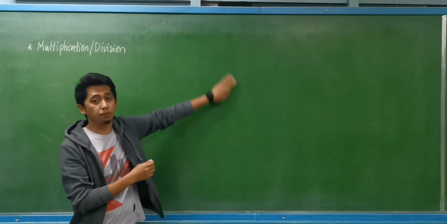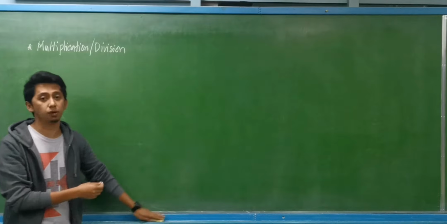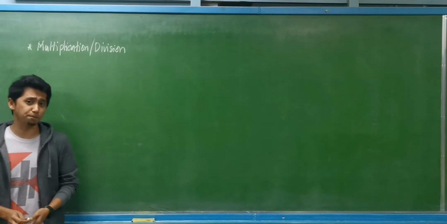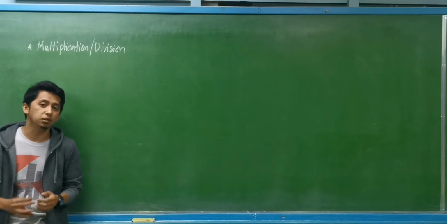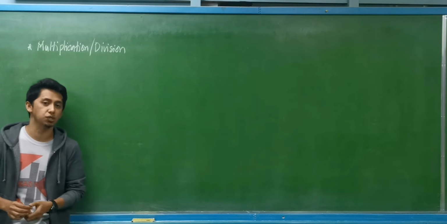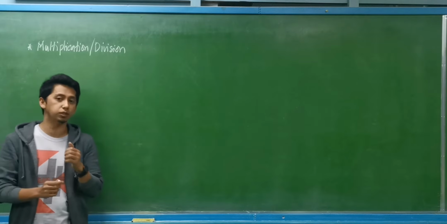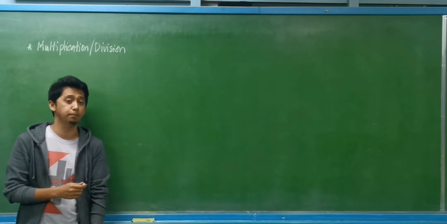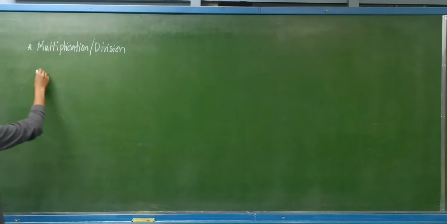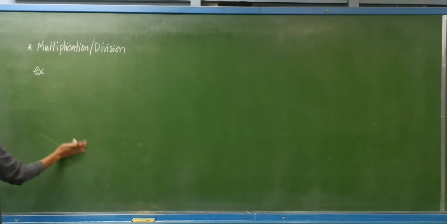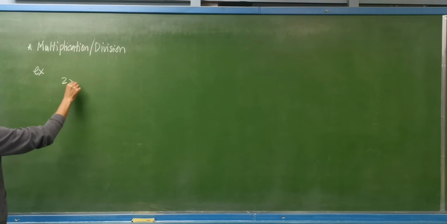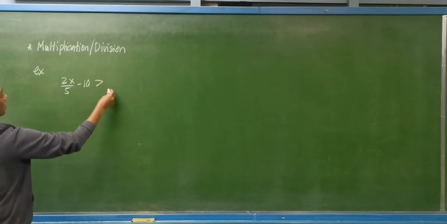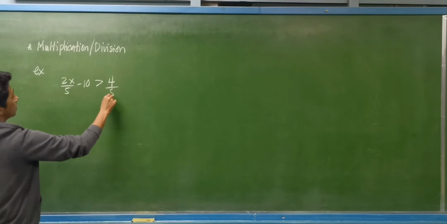So again, for the operation of the determination of the solution set of inequalities, for multiplication and division, the only time that you are to reverse the sign of inequality is if you are to multiply or divide both sides of the inequality by a negative number. For example, we have this inequality, let's say 2 over 5 of x minus 10 is greater than 4 over 5.